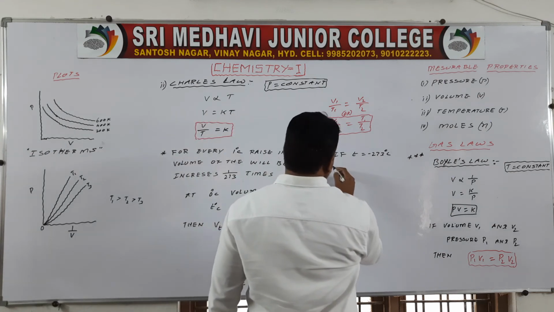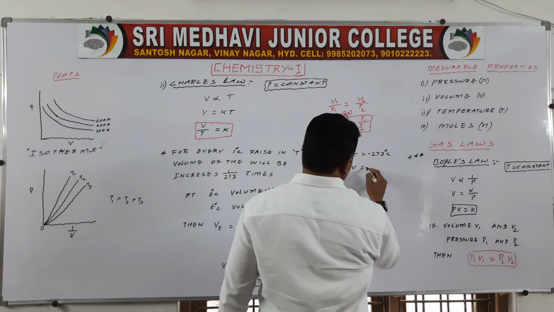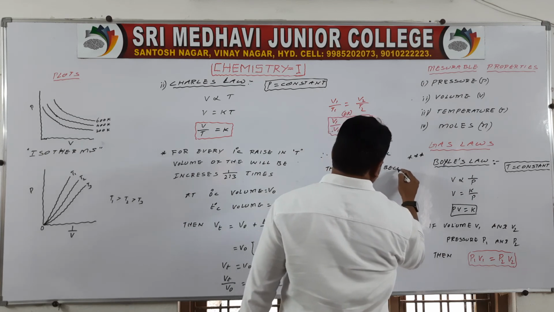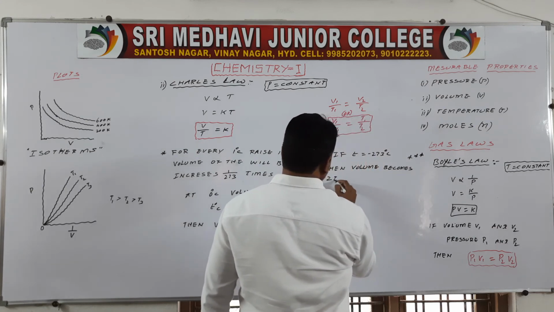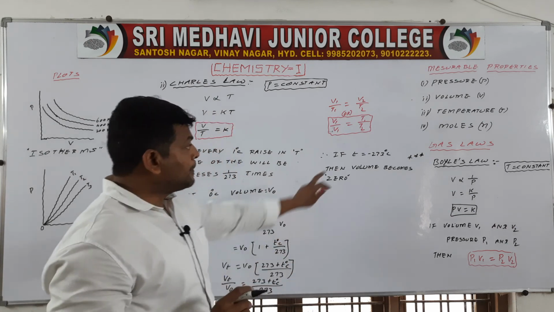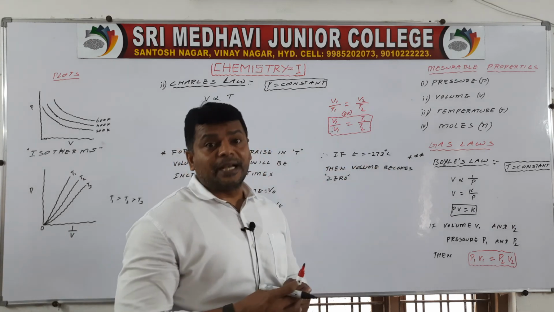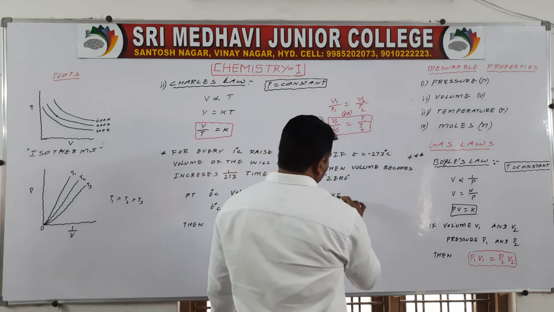Since minus 273 degrees Celsius is not reachable, one more new scale is introduced, that is the Kelvin scale.